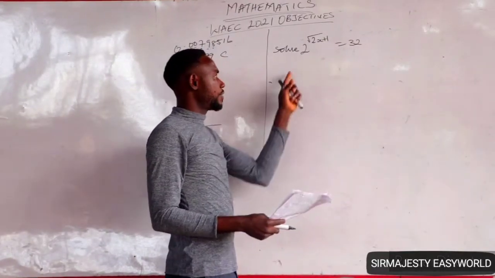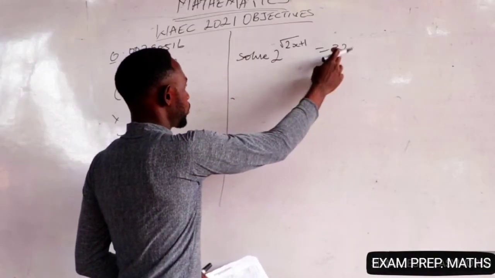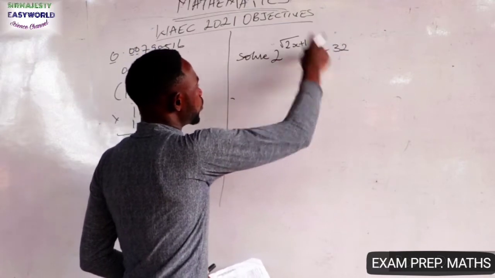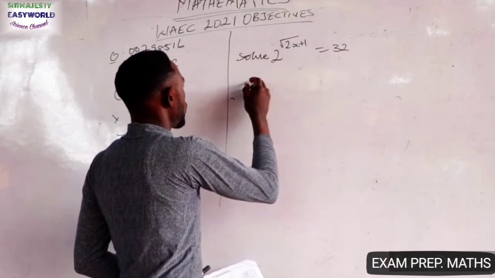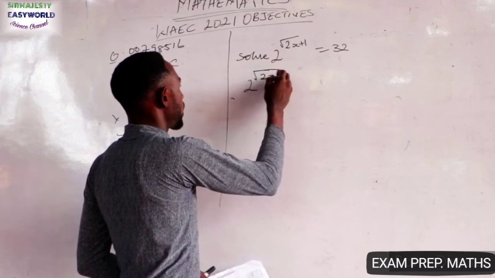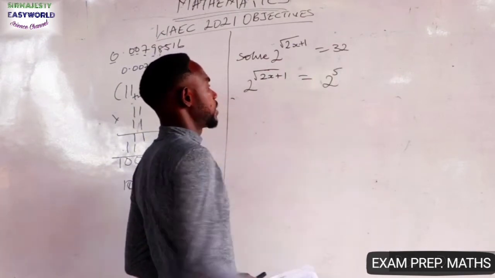We make sure that they all have the same base, meaning 2 is the base, so we convert this 32 to base 2. What number will you raise 2 to get 32? So it will now be 2 raised to the power square root of 2x plus 1 equal to 2 raised to the power 5, which is automatically 32.